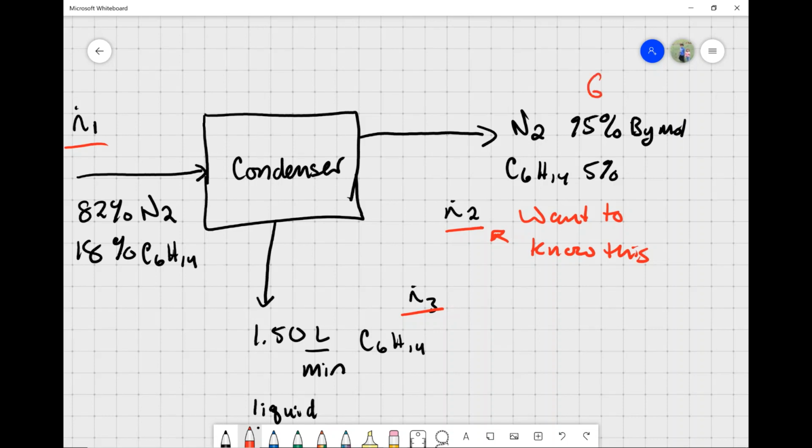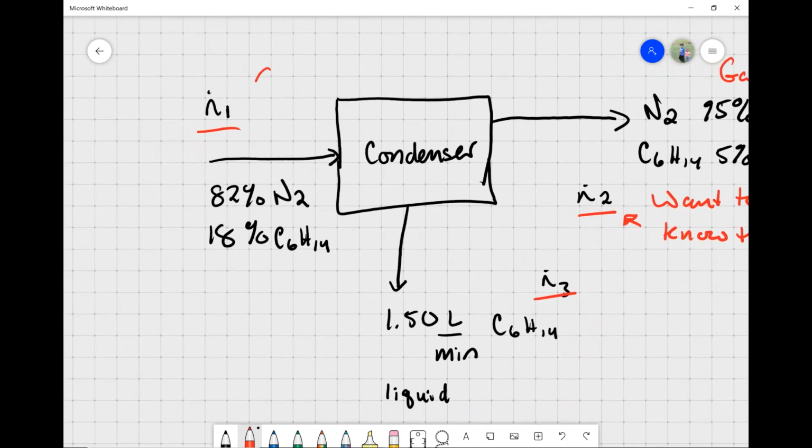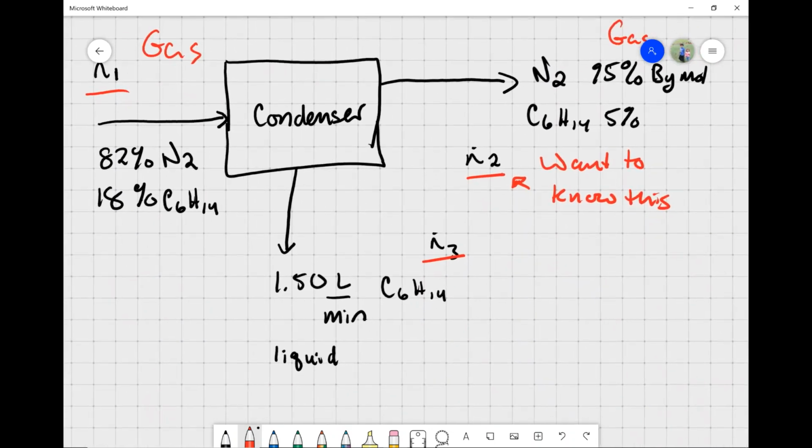So this is in gas, and this is also in gas. What they're doing here is purifying hexane, basically. You had hexane mixed with nitrogen, and you want to purify the hexane. In the distillery, we were purifying the alcohol, boiling off the alcohol, and some water went with it. Here we were condensing out the hexane.